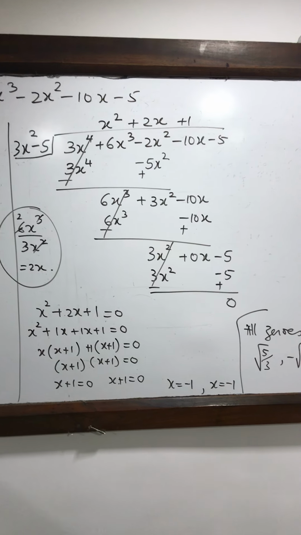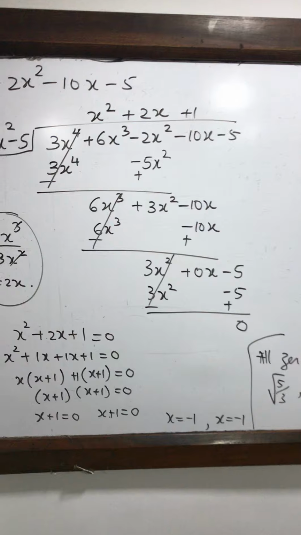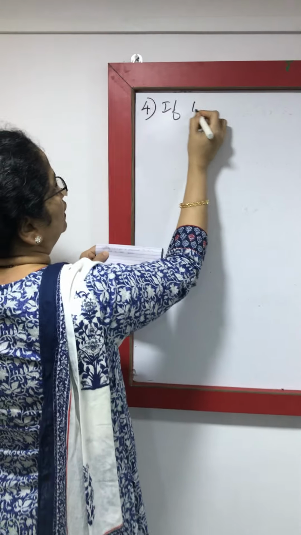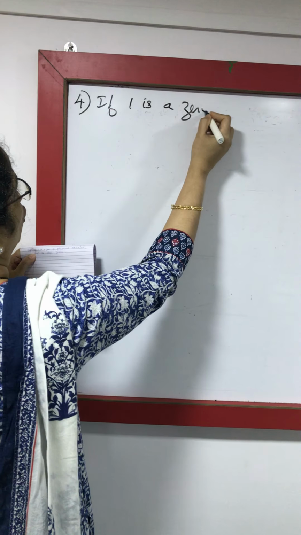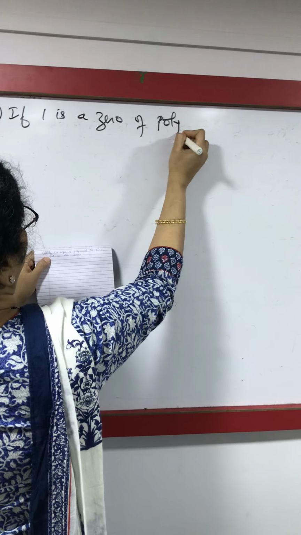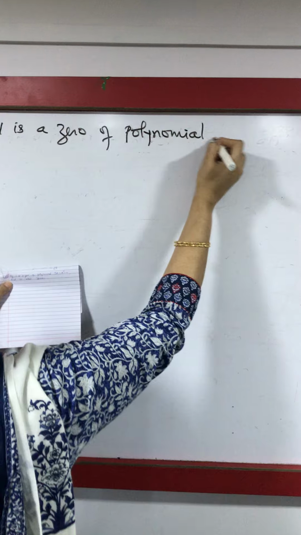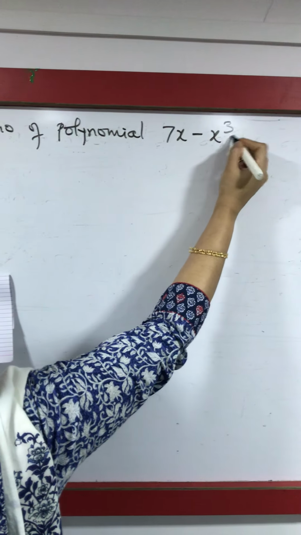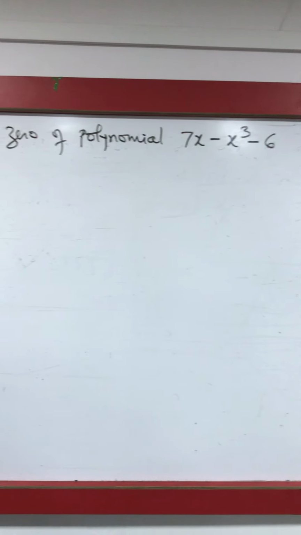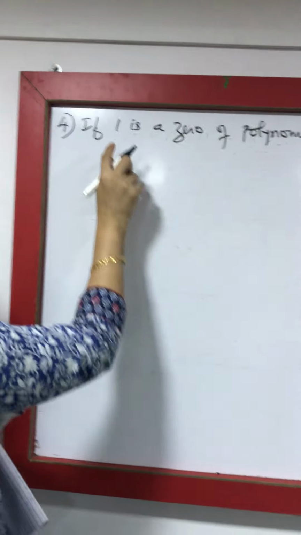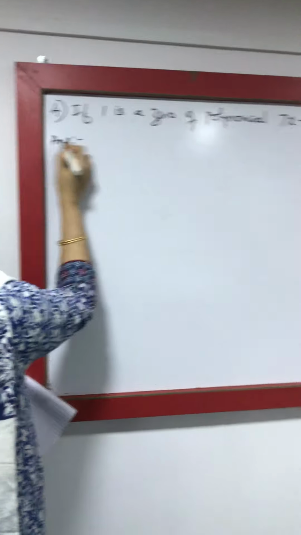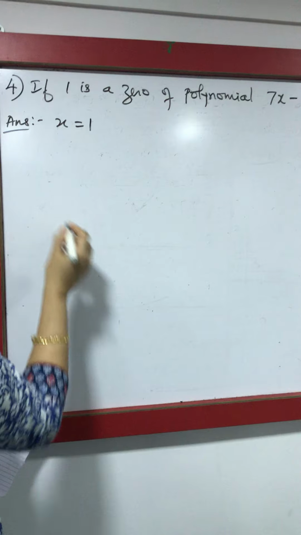The next question of the homework is, if 1 is a zero of the polynomial which is given, 7x minus x cube minus 6, find others. That means the value of x is 1.